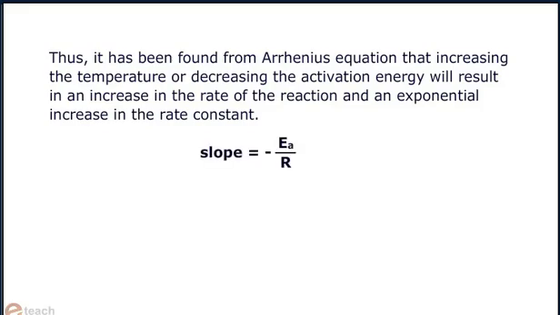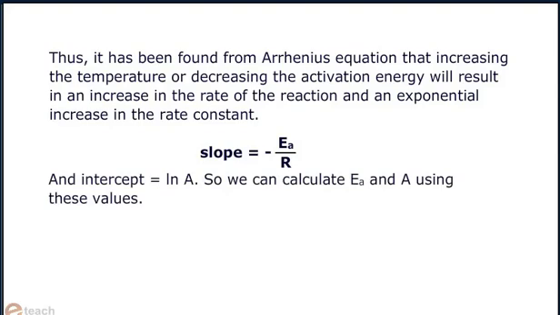Now slope is equal to minus Ea upon R and intercept equals ln A. So we can calculate Ea and A using these values.